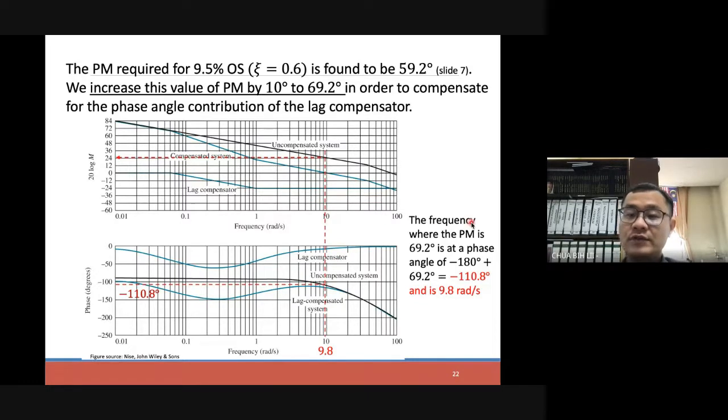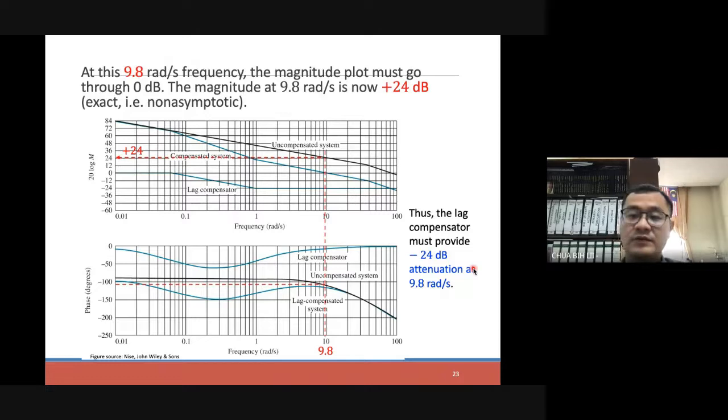At the frequency of 9.82, with a magnitude of 24, what we have to do is adjust the so-called attenuation. Attenuation means something like reduction. Since it is a plus 24 dB here, we would provide a minus 24 dB at the 9.8 radian per second frequency.